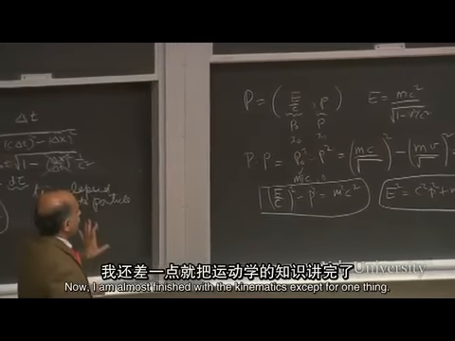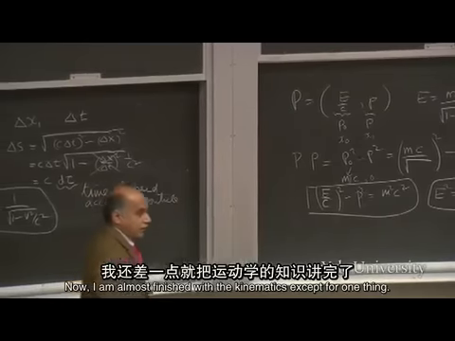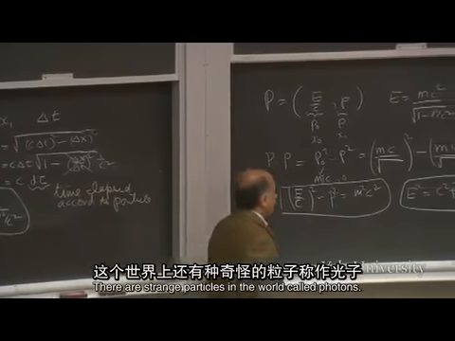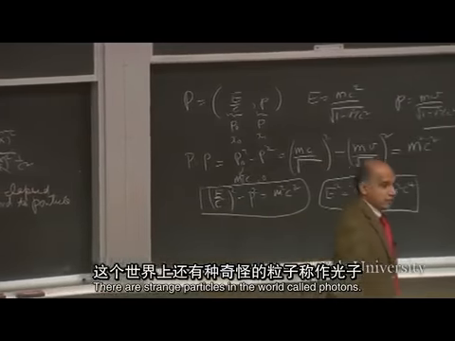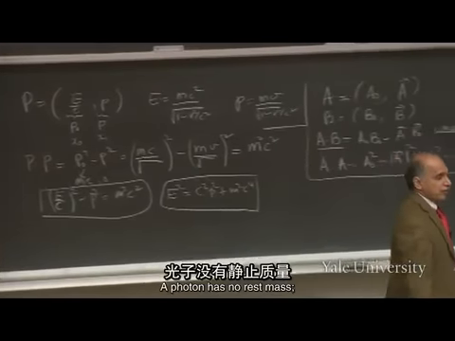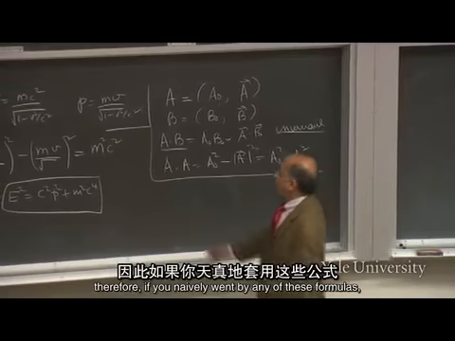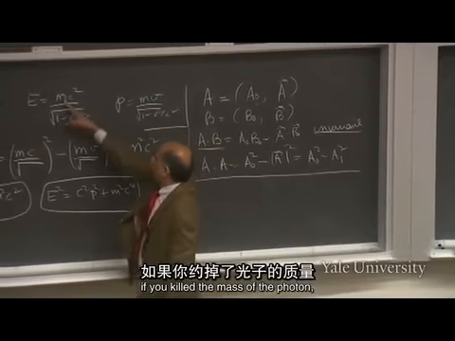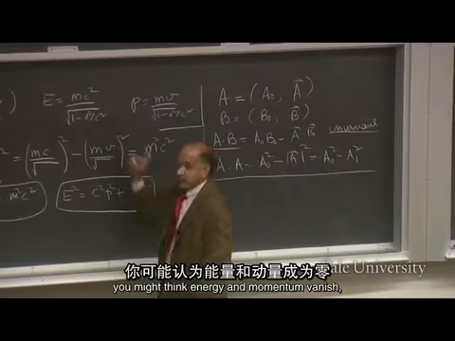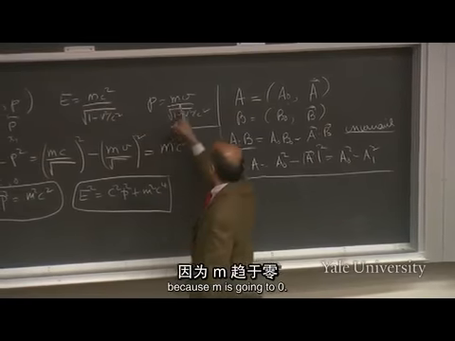Now, I'm almost finished with the kinematics except for one thing. There are strange particles in the world called photons. A photon has no rest mass. Therefore, if you naively went by any of these formulas, if you kill the mass of the photon, you might think energy and momentum vanish because m is going to 0.